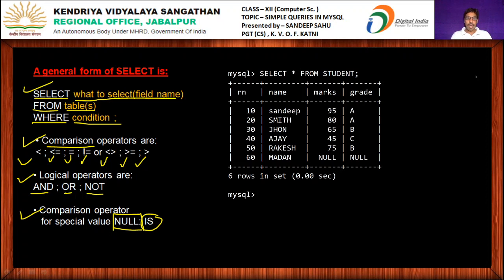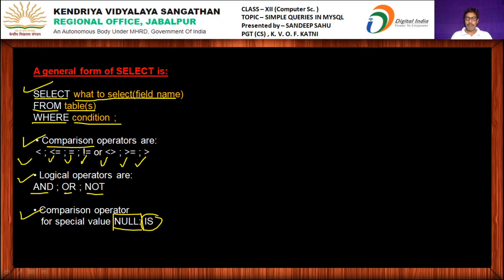So now I want to display the names of those who do not have any grade. For this purpose, what should our query be? Select name from student where grade. Here we will not use equal. We will write is null.